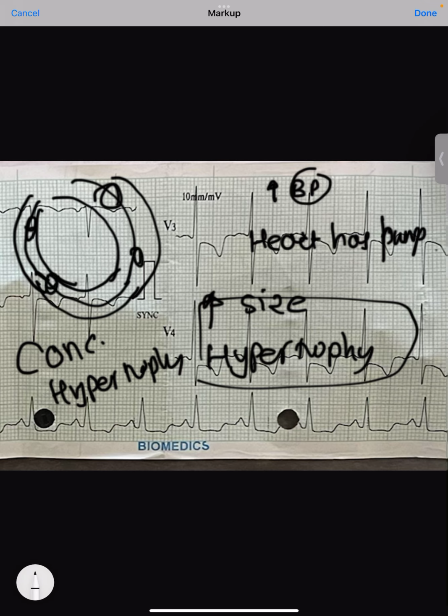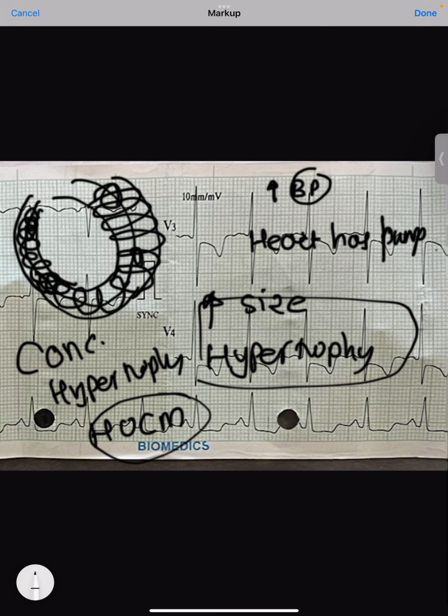The selective hypertrophy of the muscle is very commonly found in HOCM. So there can be selective hypertrophy of interventricular septum, but that is a very common feature of HOCM. But in hypertensive hypertrophy, there will be concentric. So there will be significantly increased muscle mass of the left ventricle, and we call it a concentric hypertrophy.